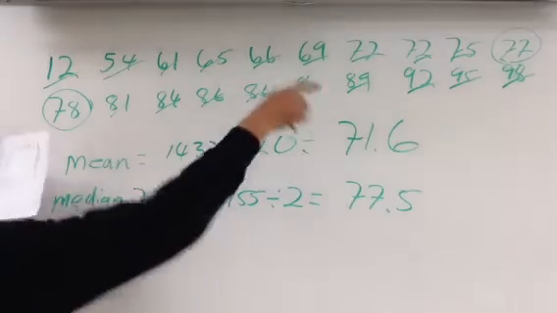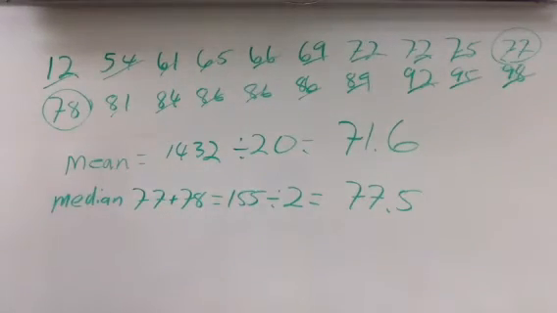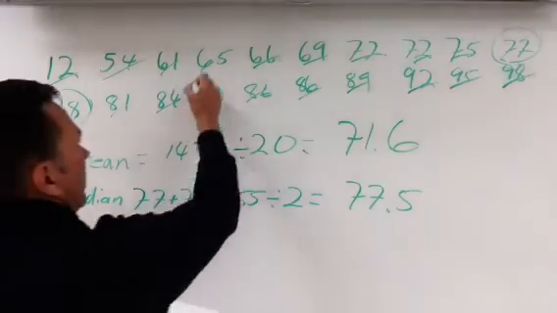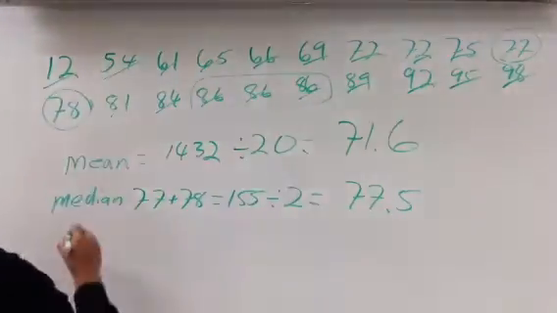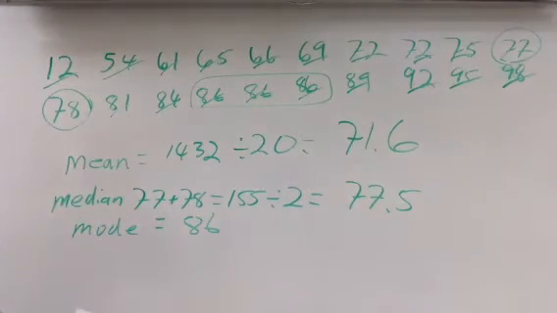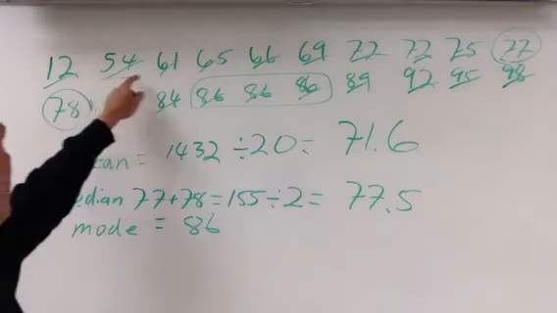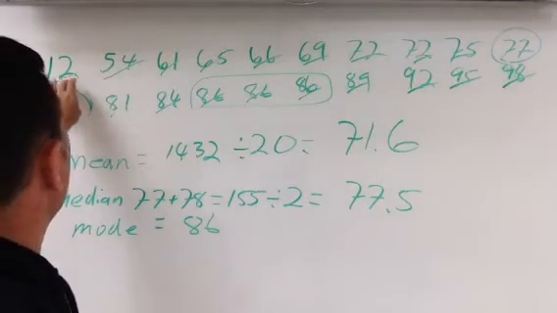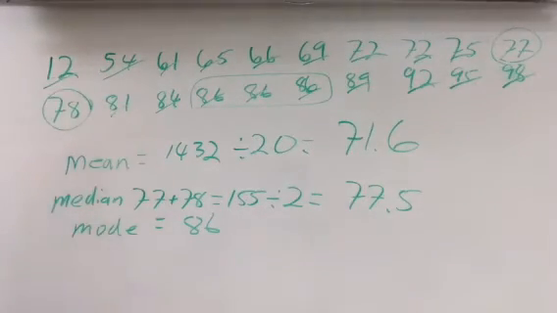Again, that's the number right in the middle of everything. Finally, our mode. It looks like this number occurs the most often. So our mode is 86. Do we have any outliers? Well, let's see. Most of our data, we have 54, 61, but this 12 is really out of sorts.